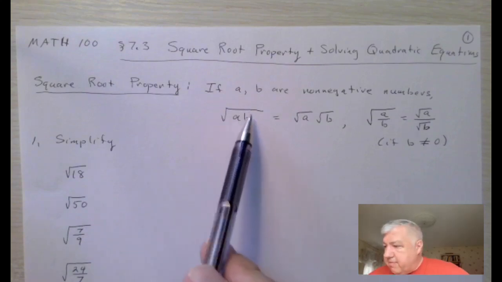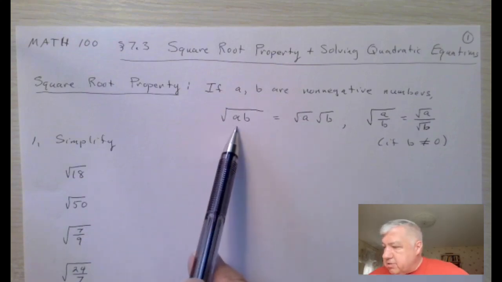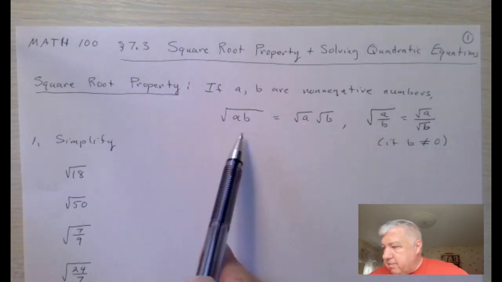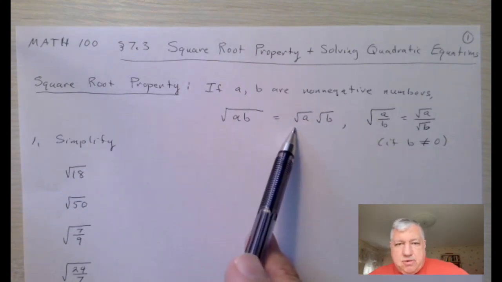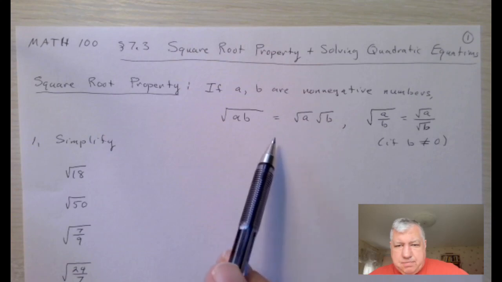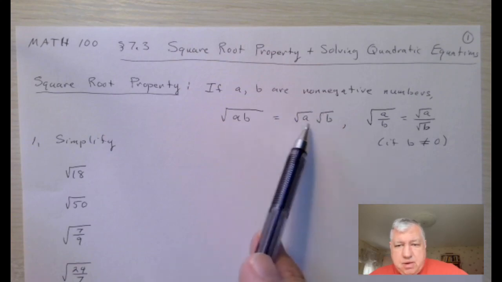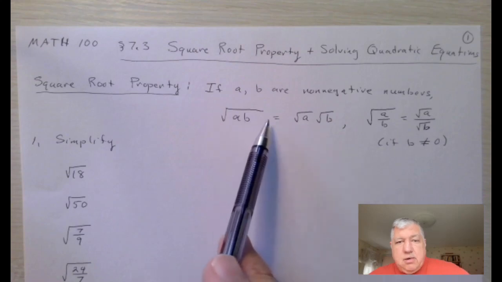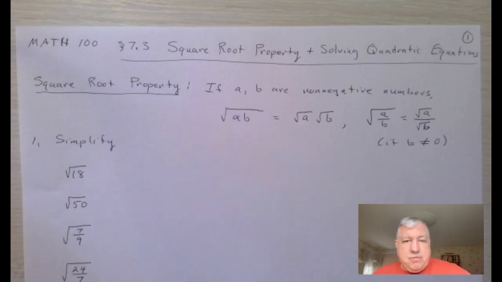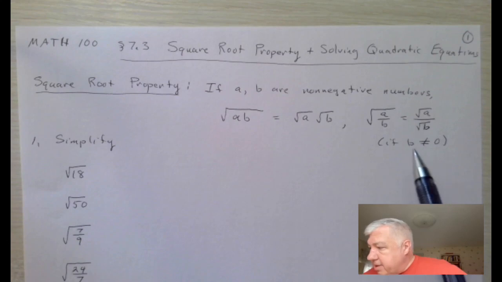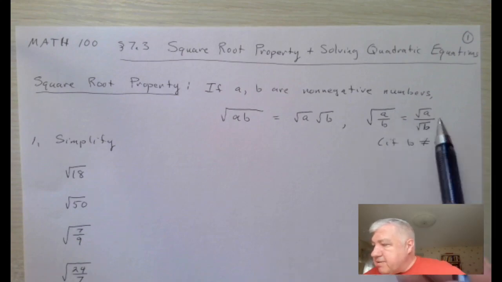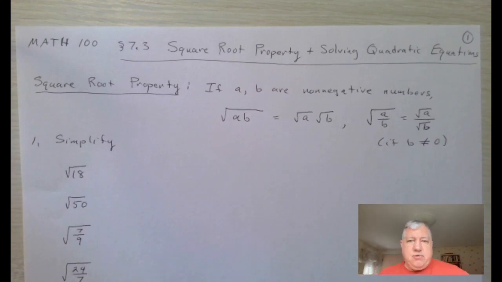So if a and b are integers or any non-negative numbers, the square root of ab is the square root of a times the square root of b. This is because if you square this number, you get a. If you square this number, you get b, and you multiply them, you get ab, which is exactly what you would get if you squared this. And similarly, as long as b is not 0, the square root of a divided by b is the square root of a divided by the square root of b.